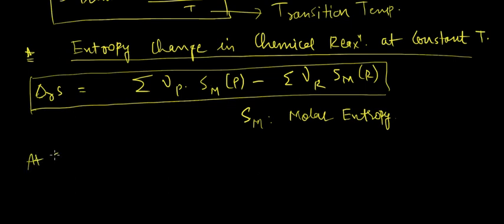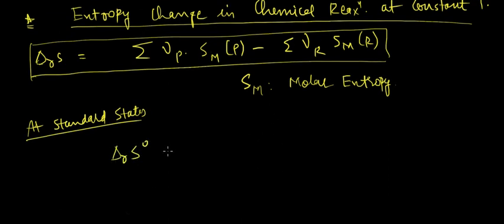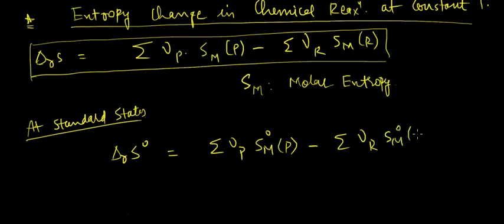And at standard states we can write that delta rS naught would be equal to summation of gamma p Sm naught p minus summation of gamma r Sm naught r.